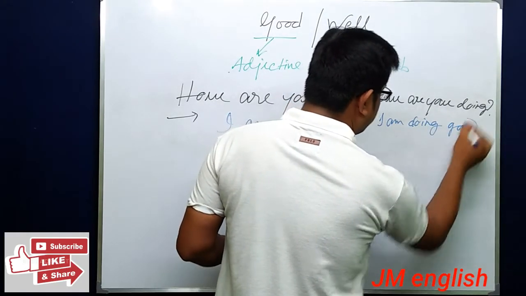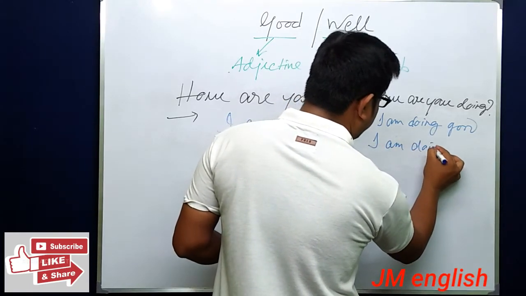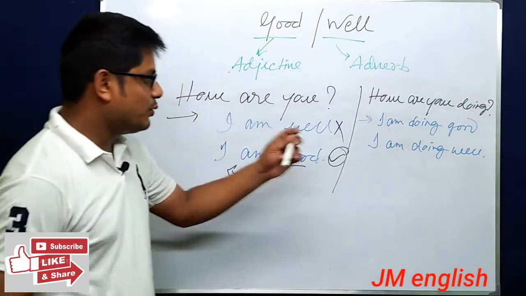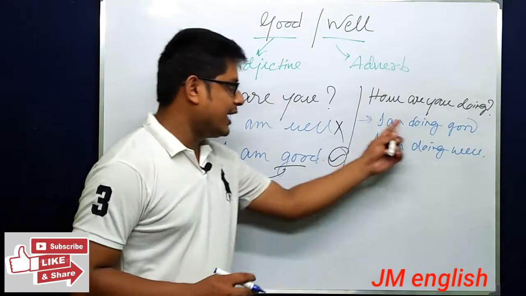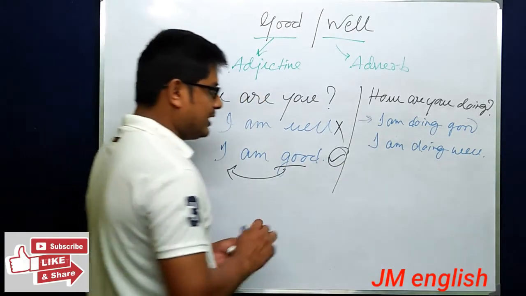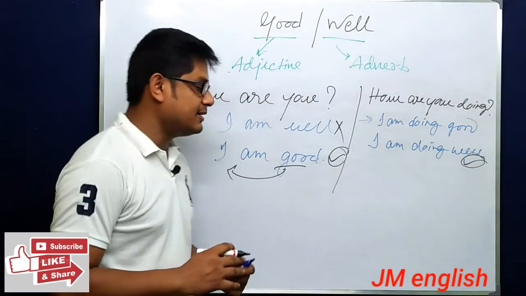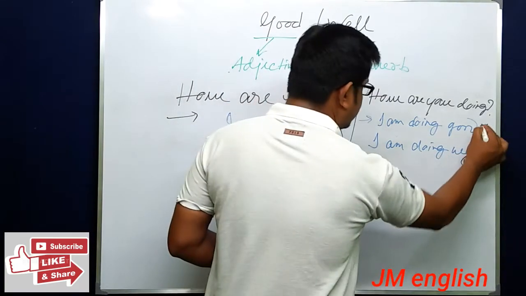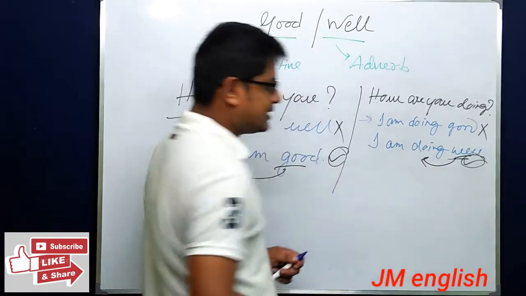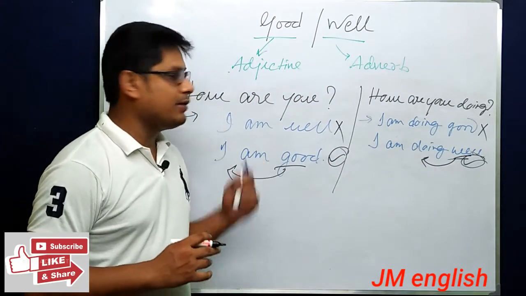Should you say, I am doing good, or I am doing well? If you say I am doing well, then this is a better answer. Don't say I am doing good, because well is an adverb, so it represents doing. So this is how you can use it.